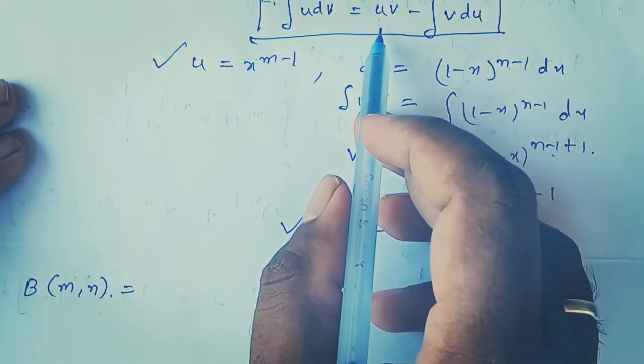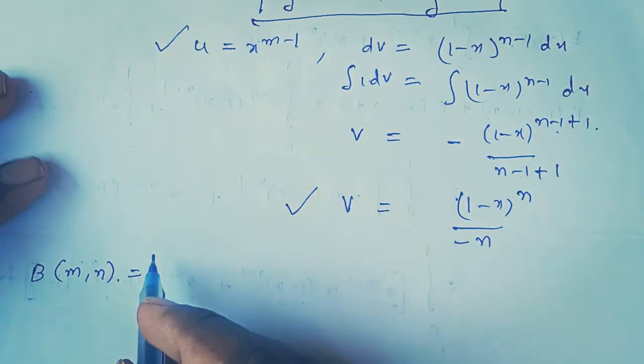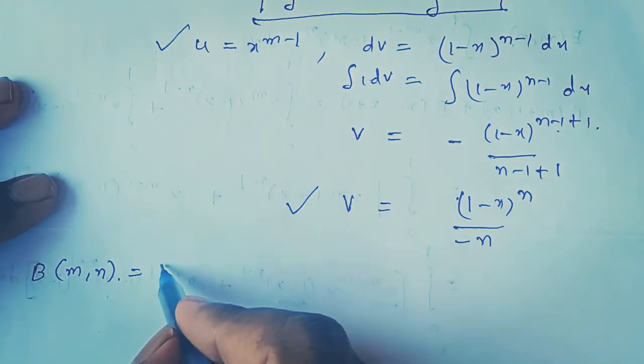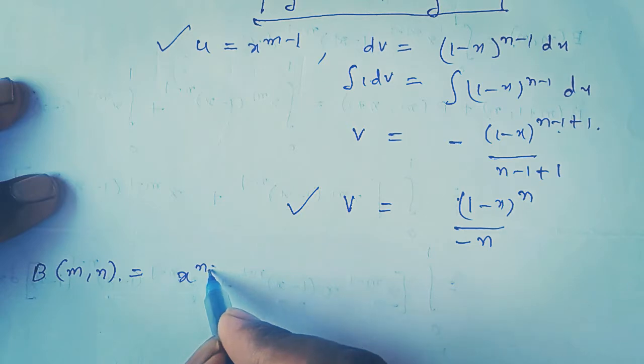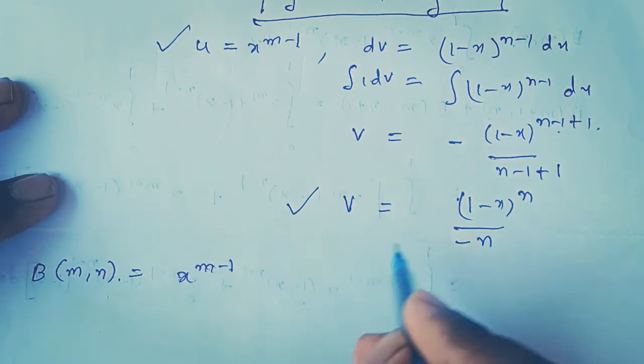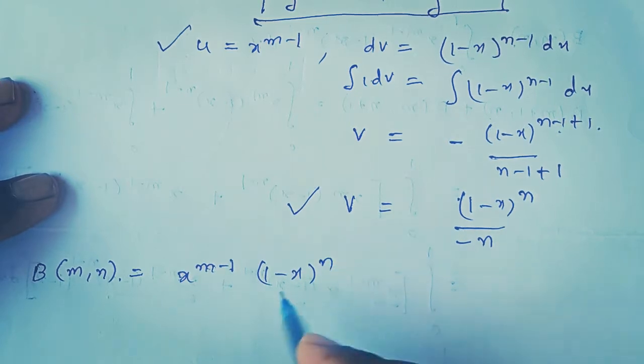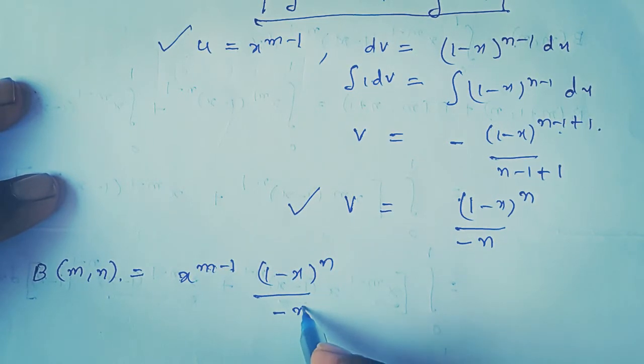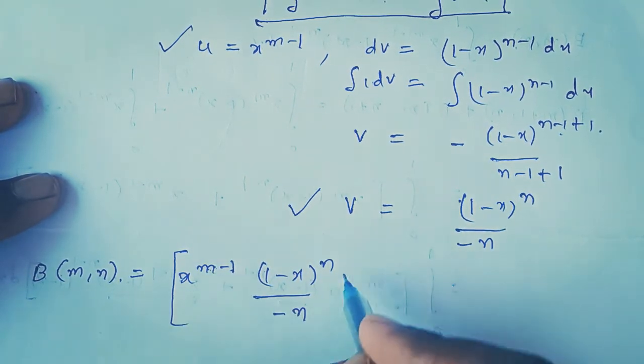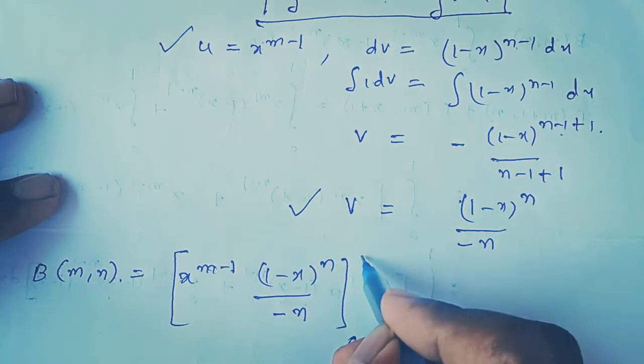As per the formula, u is x^(m-1), v is (1 - x^n) / (-n), within limits 0 to 1.